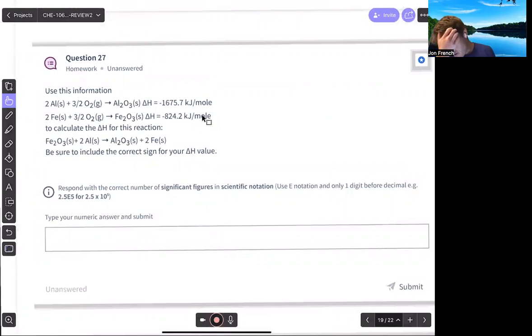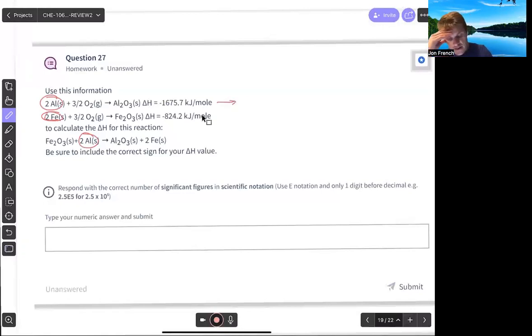Right, so we're looking for the overall. So Hess's law again. And let's see, what do we have? So reaction 1, aluminum's in the right place. Reaction 2, iron is not in the right place. It needs to be on the other side. So, right, we're going to keep the first reaction as is.